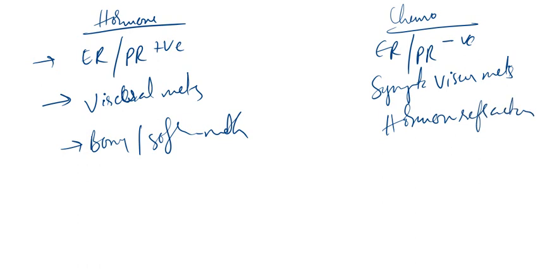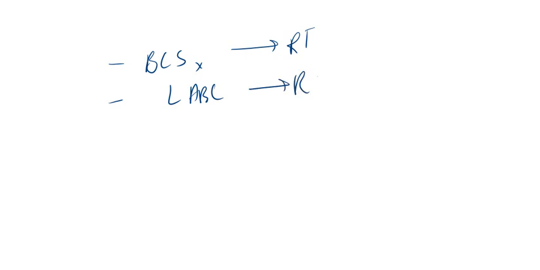Now, what are some of the indications for radiotherapy? Breast conservation surgery is an indication for radiotherapy. And if it is a locally advanced breast carcinoma, it is an indication for radiotherapy. Why is this radiotherapy given? To prevent recurrence.